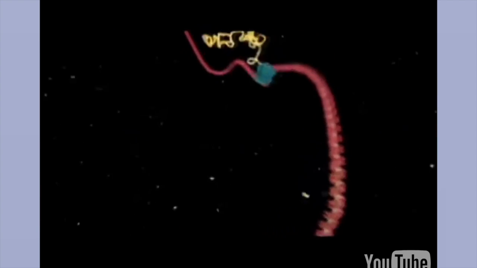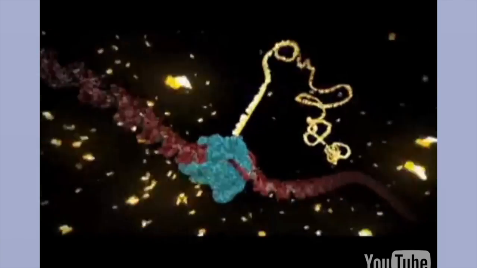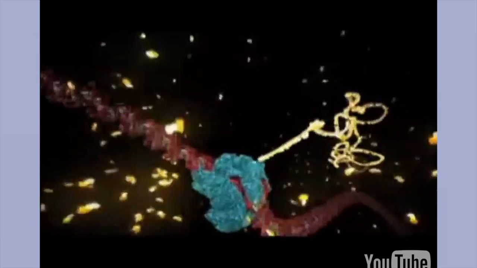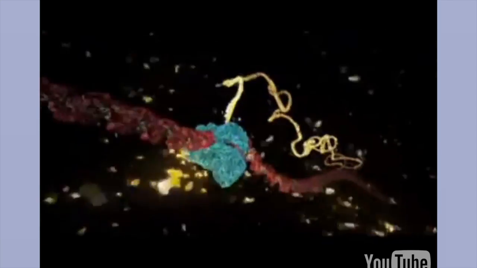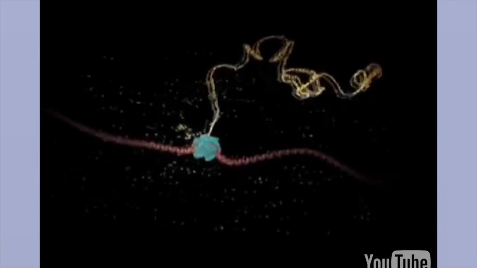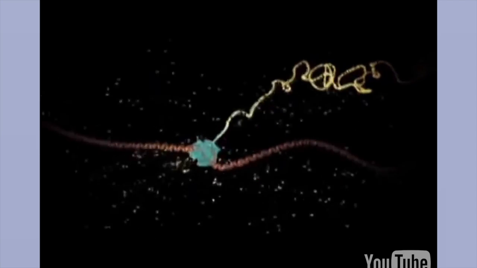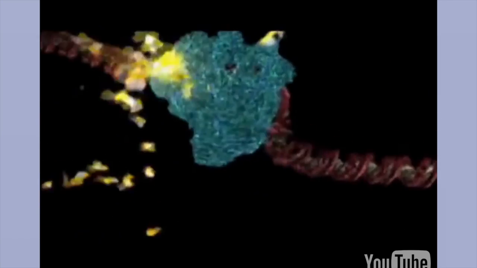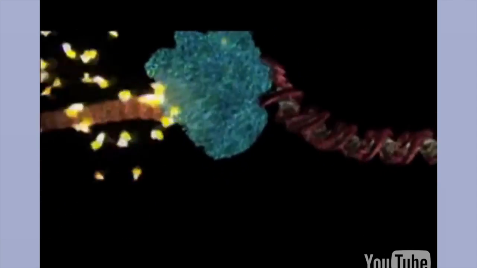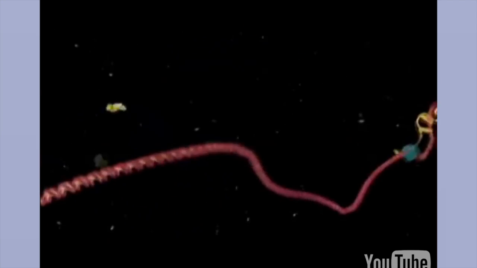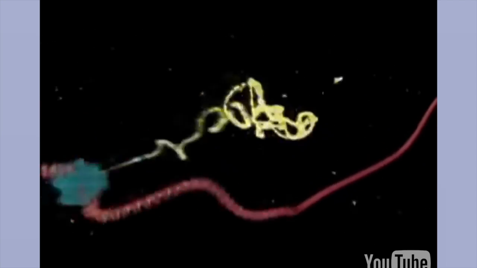The yellow chain snaking out of the top is a copy of the genetic message, and it's made of a close chemical cousin of DNA called RNA. The building blocks to make the RNA enter through an intake. They are matched to the DNA, letter by letter, to make an exact copy of the A's, C's, G's, and T's of the gene.